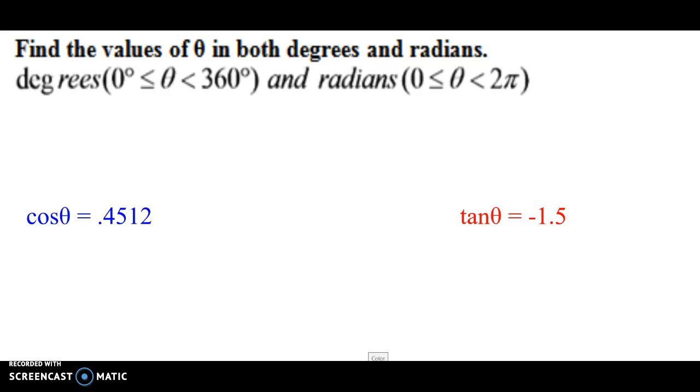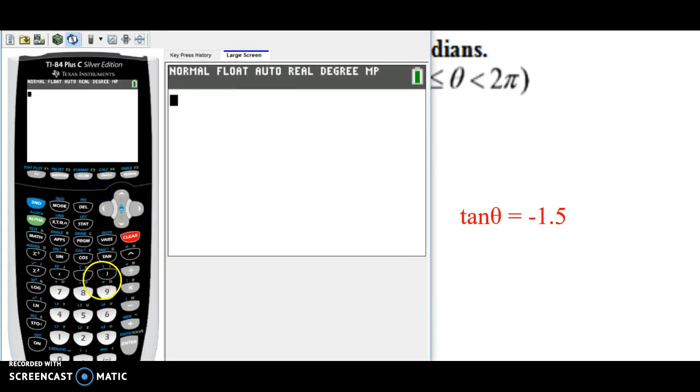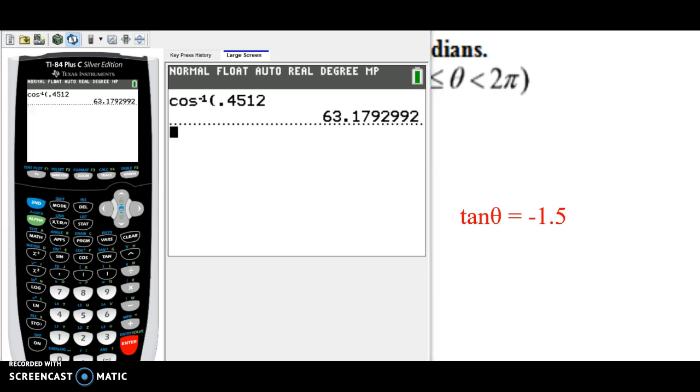Similar to the previous example, to find theta we would do the inverse cosine of 0.4512. If I go to my calculator, we're going to have to find this in both degrees and radians. Currently my calculator is in degrees, so I'll get that one done first: 0.4512 gives about 63.179 degrees.